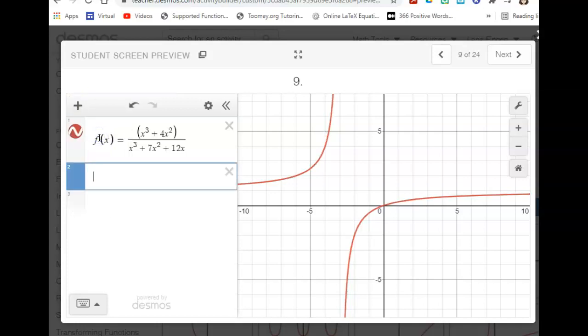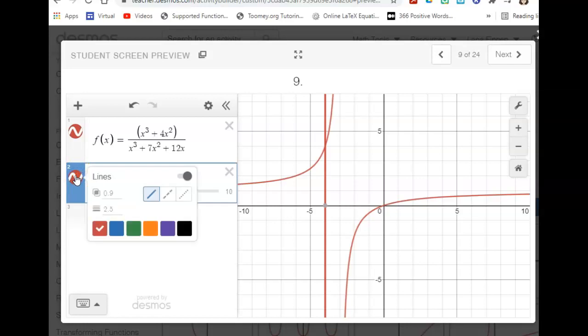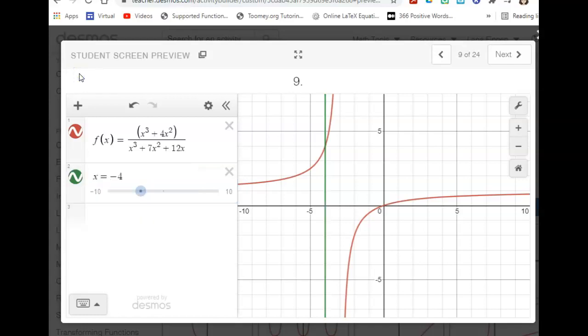So I could say, all right, I want x to equal negative 4. And then it puts that in there. I will make it orange. Green might be better. So as it approaches from either side, you could make a table, or you could just kind of see that it looks like I'm getting pretty close to 4 there. I'm on either side of 4, so I think a positive 4 would make sense here.